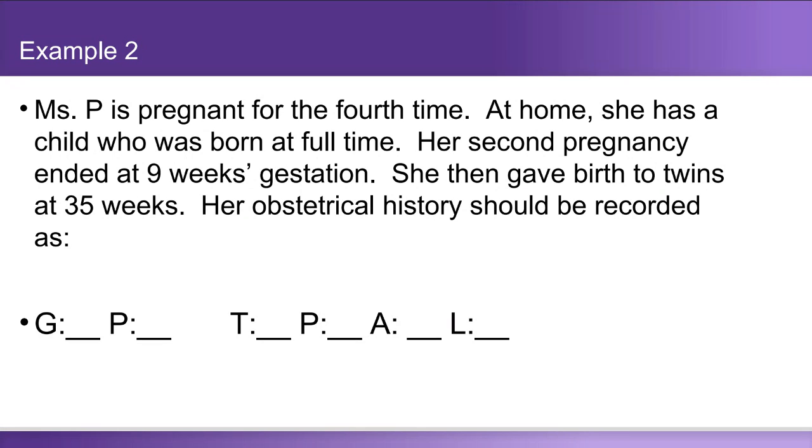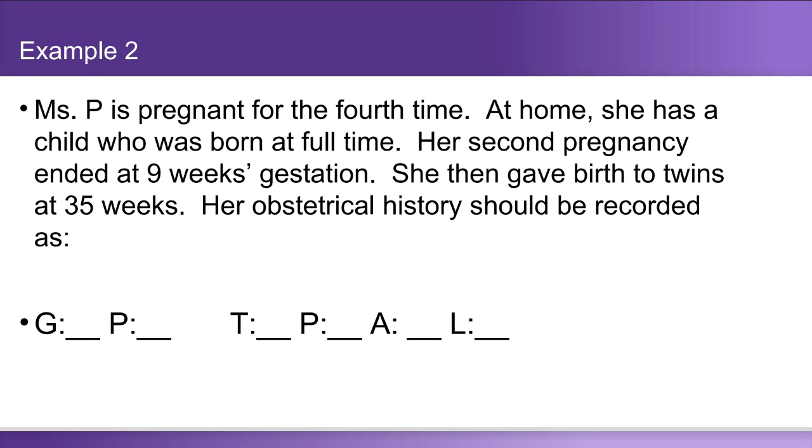She then gave birth to twins at 35 weeks. So we count this as 1 pregnancy, even though it's twins, but because it was 35 weeks, we put that as a preterm delivery, right? So after delivery, she has a term and she has 2 preterm babies. So her living children are actually 3. So she's going to be a gravida 4, 4 pregnancies.